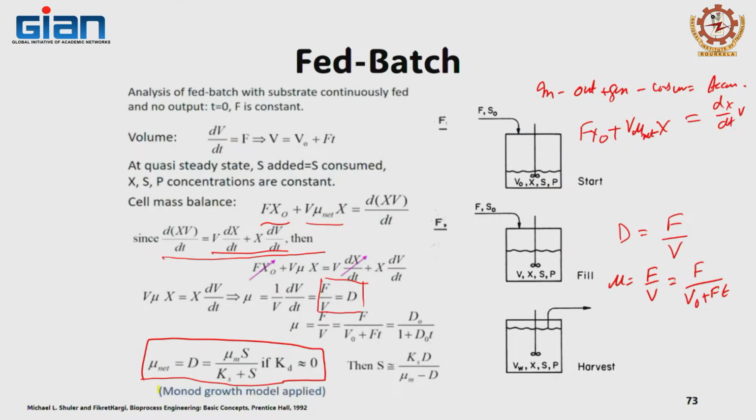So, let us say in a fed batch, your cell growth will continue until the time you have your substrate. The time it is about to finish, you start the tap and add the substrate, so your cell mass again starts growing. Is it in a quasi steady state?